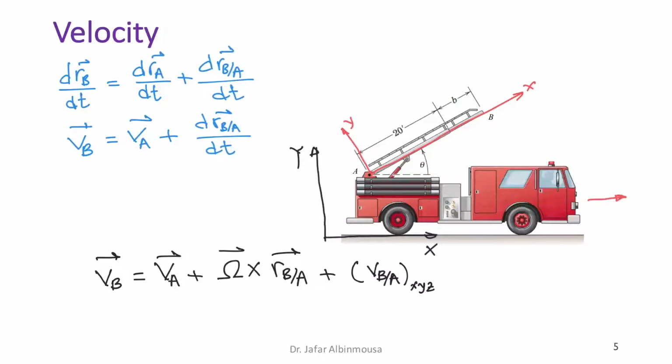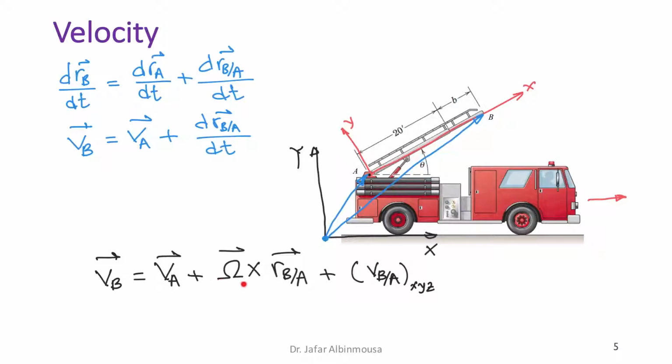So let me quickly explain what those new terms are. We are all familiar with VB. That's basically the velocity measured from the fixed coordinate system to point B, and this is also the velocity of A. But what is new is this term.